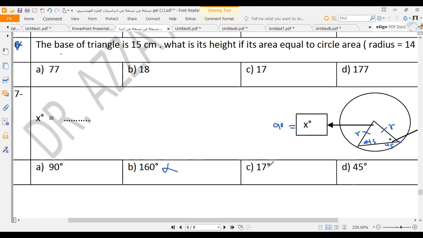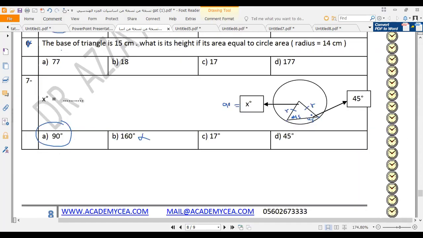If x is 17, and these two are similar, then 180 minus 17 will be 163. If I divide 163 over these two angles, I will not get anything. So the angle here must be 90 so that these two are similar, which is 45 and 45. By this way, we finish this group of questions.